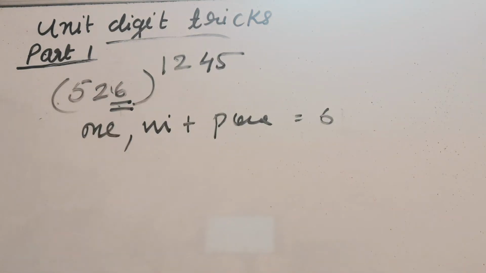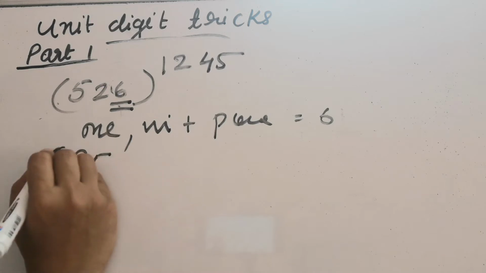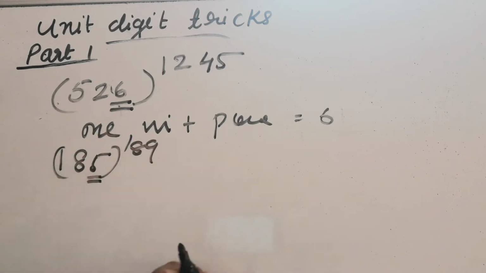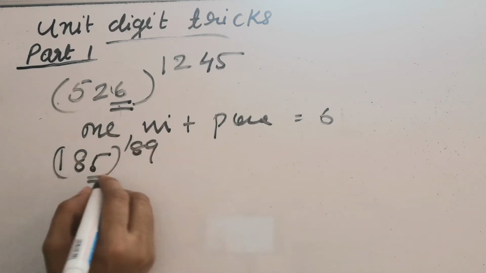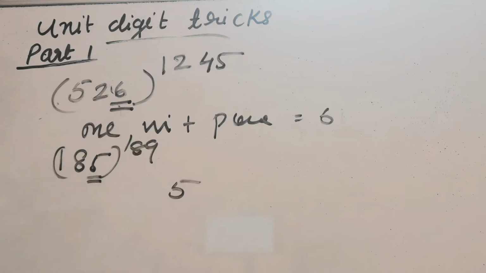Another example, 185 raised to 89. Here the unit place number is 5, so the answer is also 5. These are the unit digit tricks for 0, 1, 5 and 6.